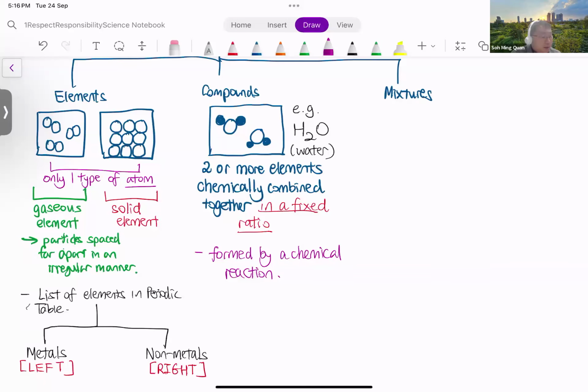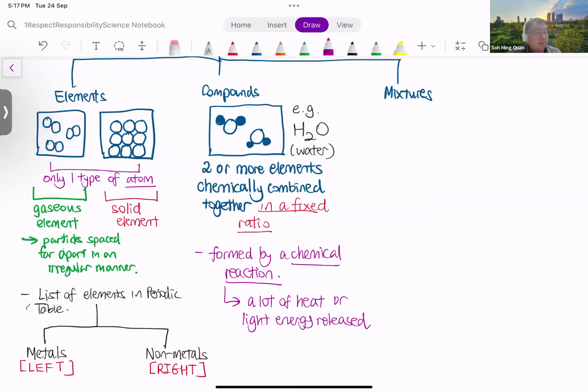And because it's a chemical reaction, you will release a lot of either heat or light energy when compounds are formed. For instance, when you burn hydrogen in oxygen, that process releases a lot of heat as well as light in the case of burning. Okay? So that's a characteristic of compounds.